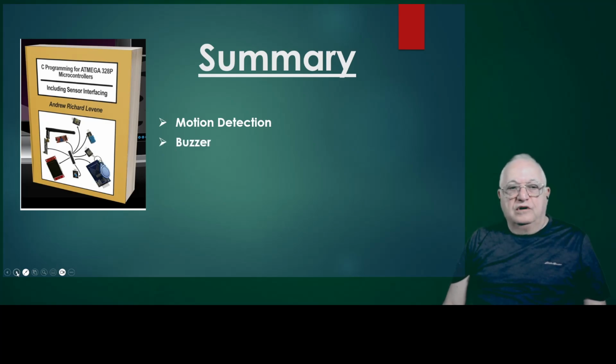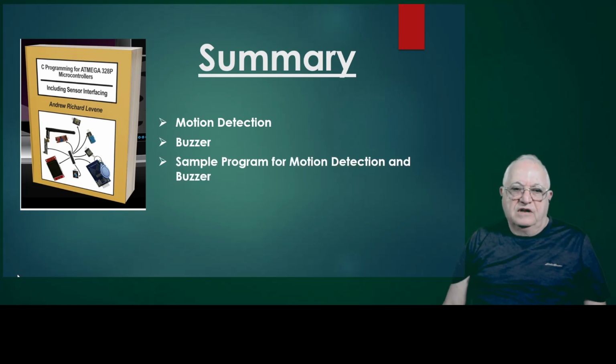I also explained the buzzer, showed the simple way of using a buzzer, and how we can use pulse width modulation to get a better, nicer sound from the buzzer. So we have three programs: two dealing with motion detection and the buzzer, and one dealing with the buzzer, showing how to generate different types of sound.